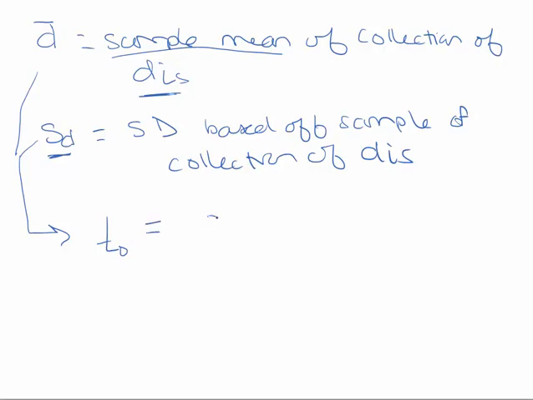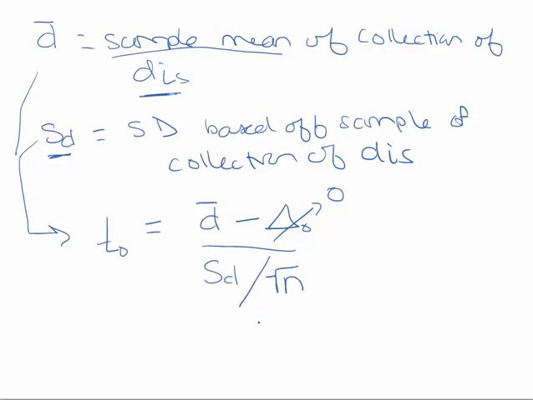That equation is d bar minus the difference delta naught. In our case, we're going to get rid of this because it's equal to 0, because we're basically saying that there is no difference between them. And that's divided by our SD divided by the square root of our sample size n.